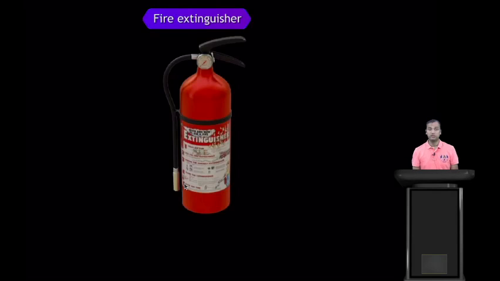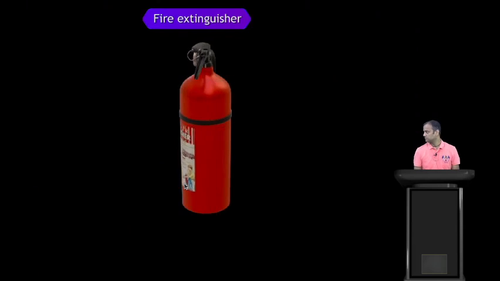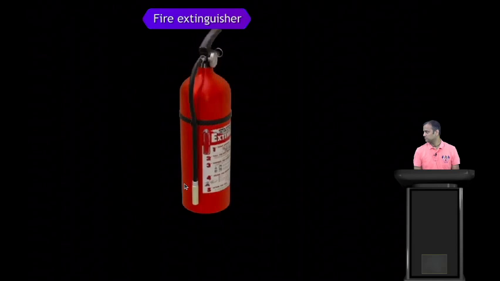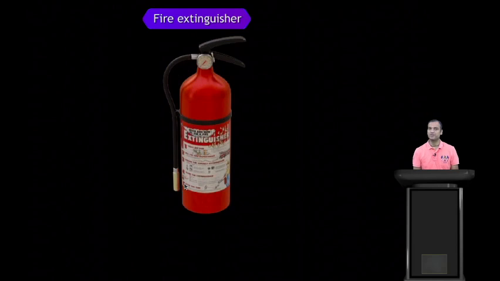Now we have a fire extinguisher. It's a very important object to extinguish a fire. Which shape is this, if you take this portion? Can you tell me? Yes, it's a cylinder.